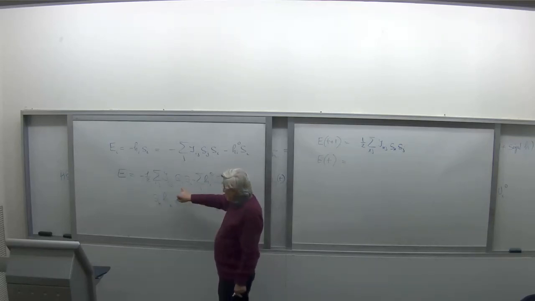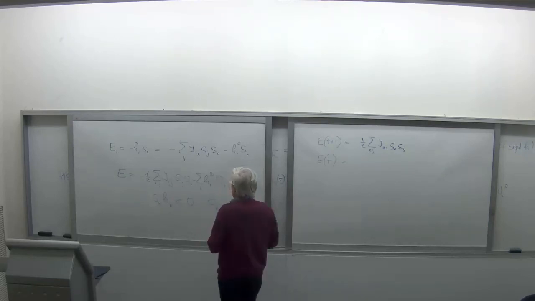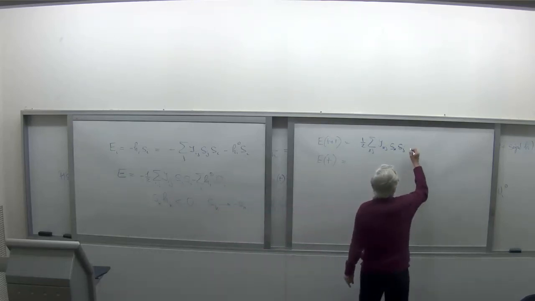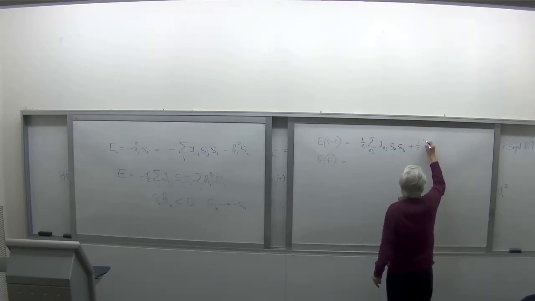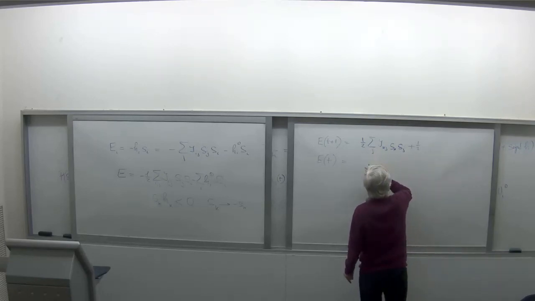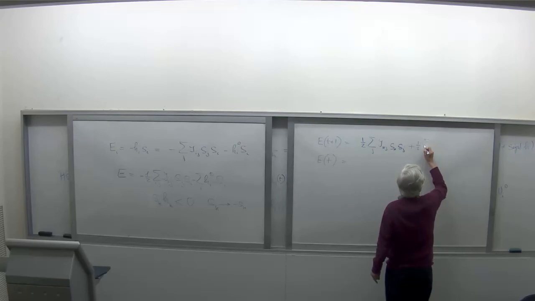Then I look at index j, and at index j I'll have plus 1/2 sum. There's no sum over k, so let's notice that.